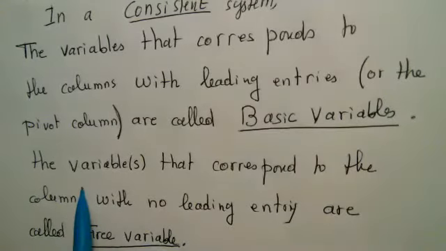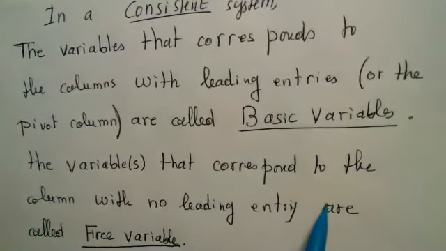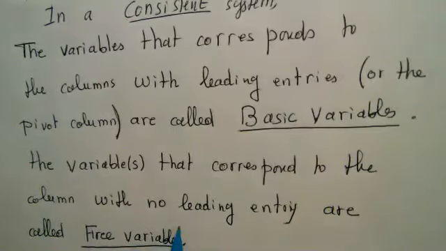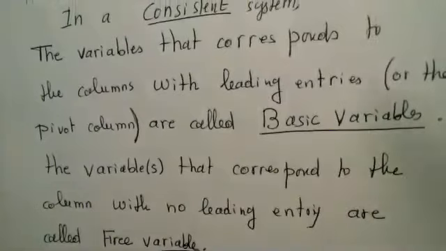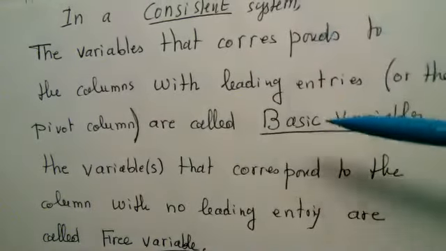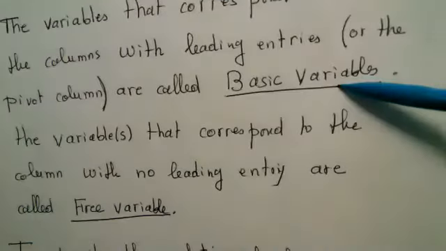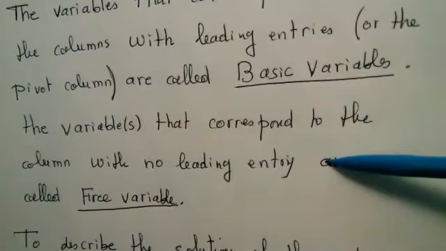The variables that correspond to the columns with no leading entry are called free variables. I'll keep this in front of you a little bit. So variables that correspond to the columns with a leading entry will be basic, the others will be free.